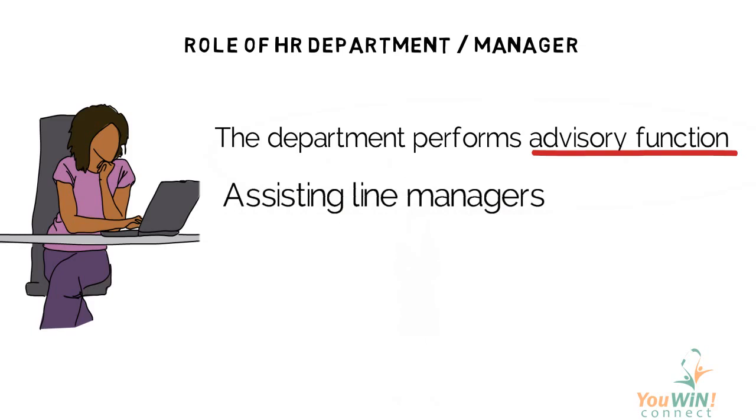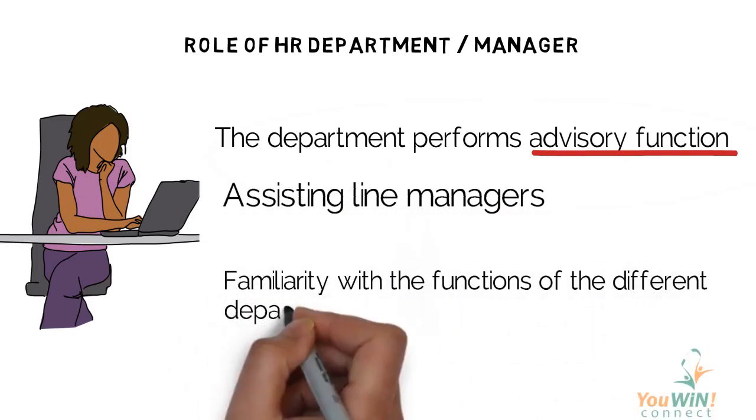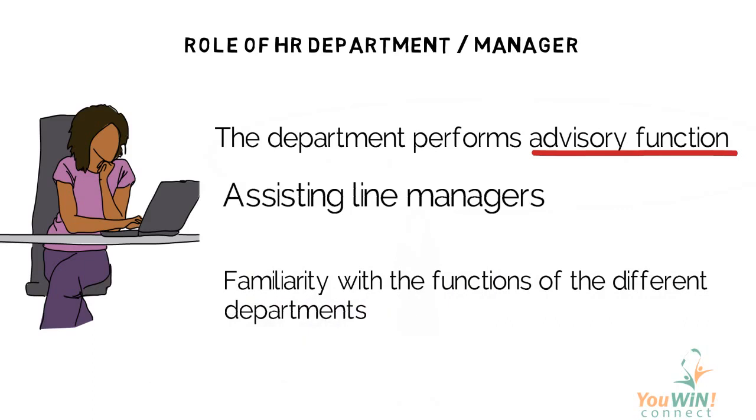Of course, we mustn't forget that HR cannot function well in any company without being familiar with the operations of all the departments. So that means that whoever is managing your HR, whoever is the head of your HR, must know the operations of your organization.